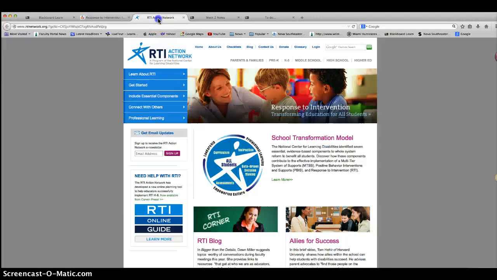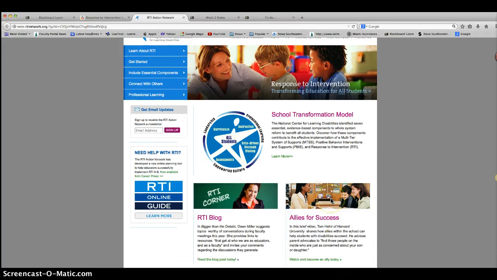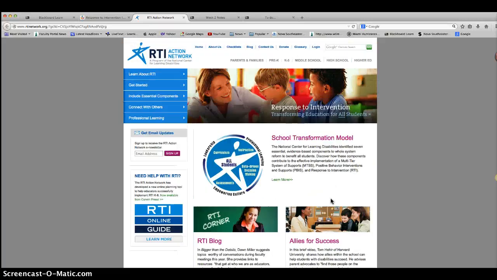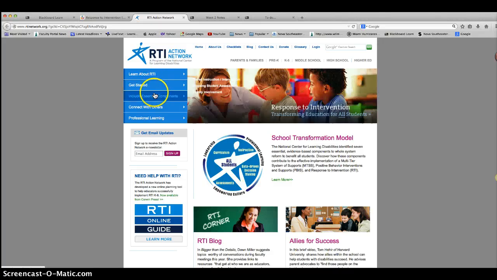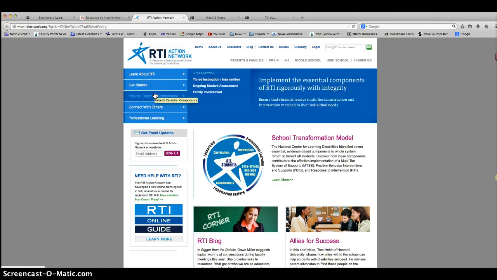The next site for response to intervention is the RTI network, and this is a site the National Center for Learning Disabilities has created. And again, you've got lots of wonderful things here. To get started, you can look at the different areas and see what are the components.